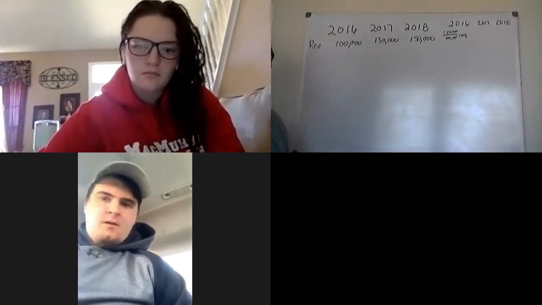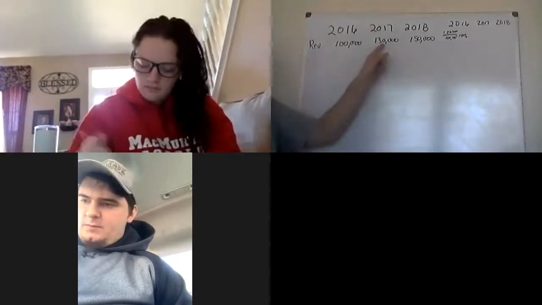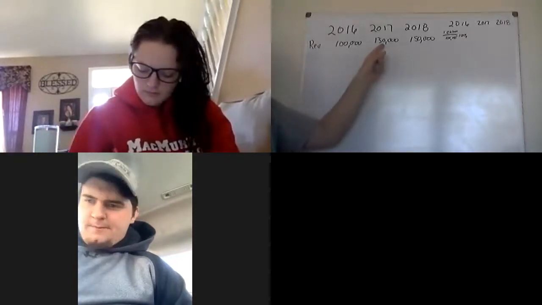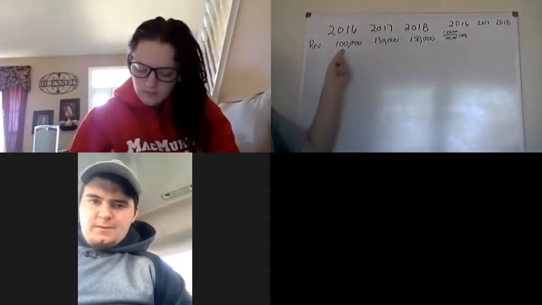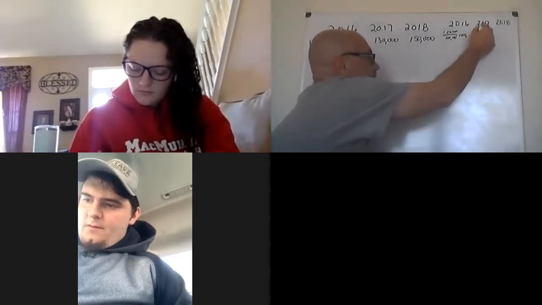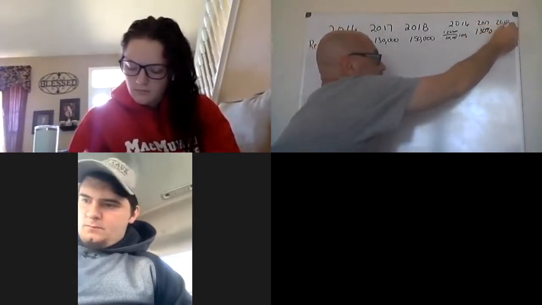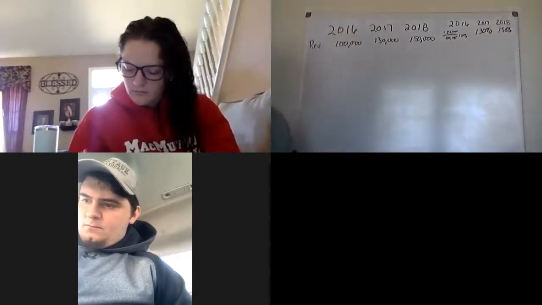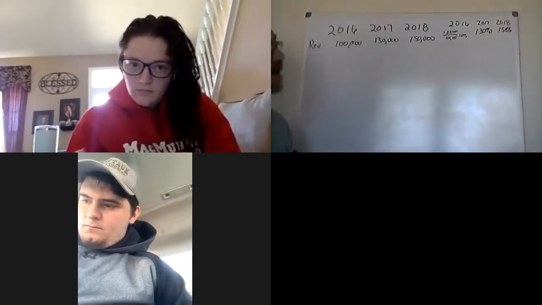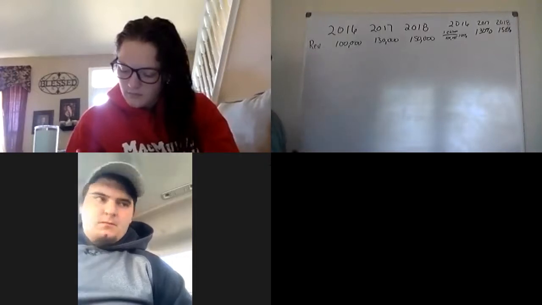Does that make sense? When you get to 2017, you take the number you have in the 2017 column and divide it by the 2016 column. So you're going to get 130%. And then for 2018, you are going to get 150%. You have to do that for every line item down the income statement.